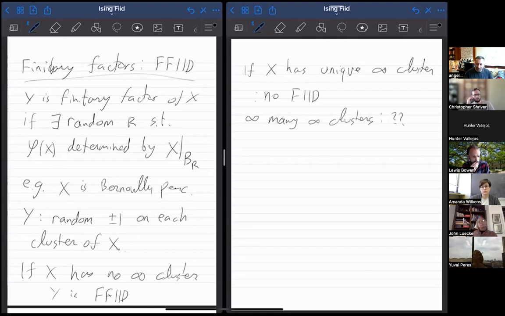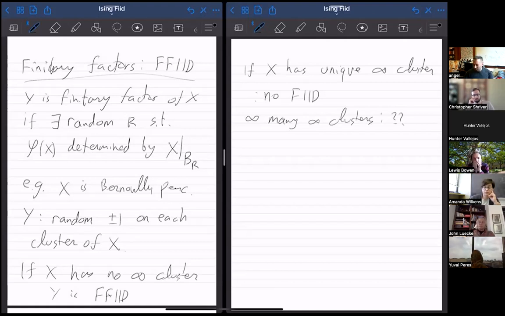For example, if you look at a regular tree, then you can have infinitely many infinite clusters, and that's an interesting question. But just to highlight the difference between factors and finitary factors, suppose you have a unique infinite cluster, but you say that on the infinite cluster, you always take the plus sign.